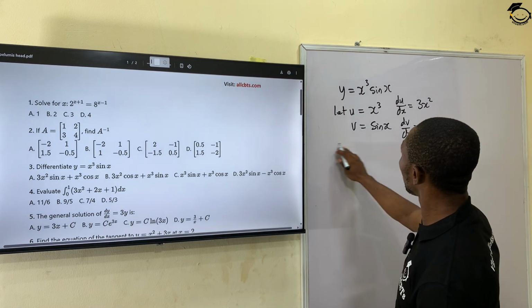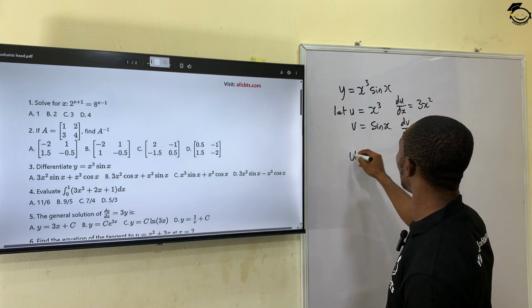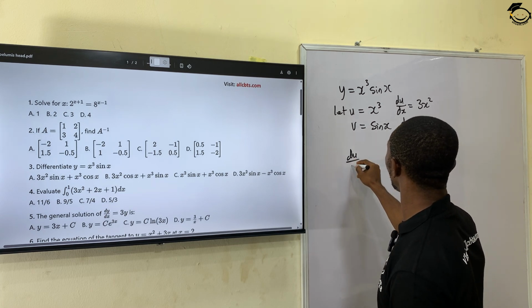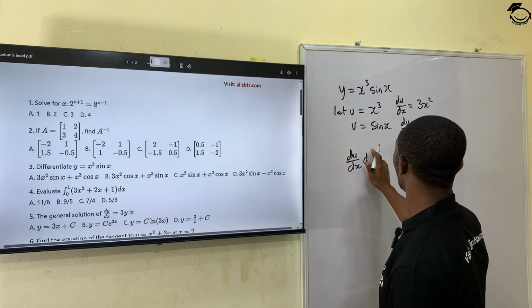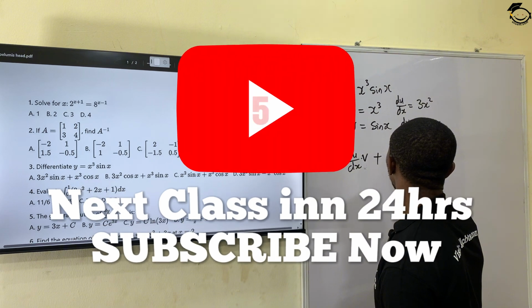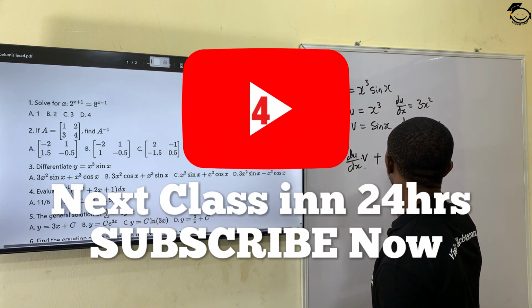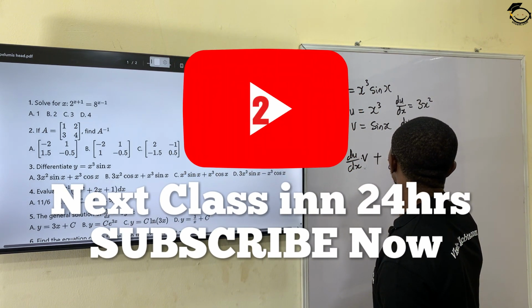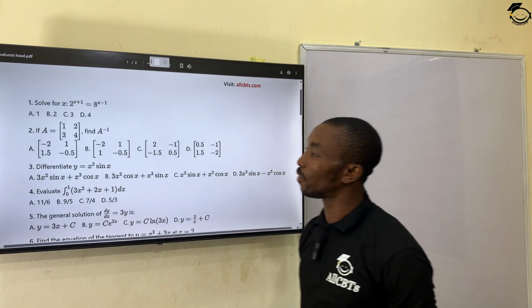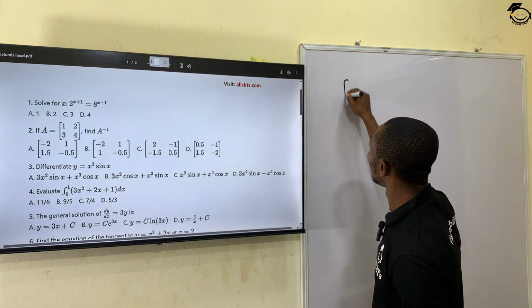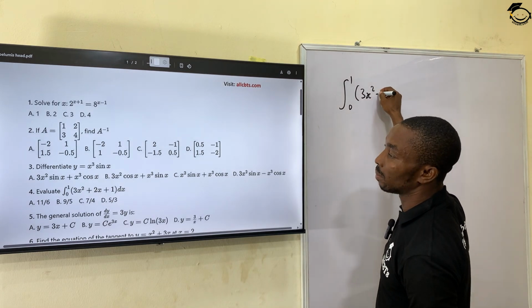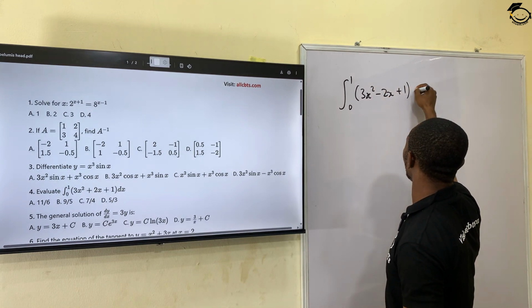All right, now using our formula that says du/dx times v plus dv/dx times u.